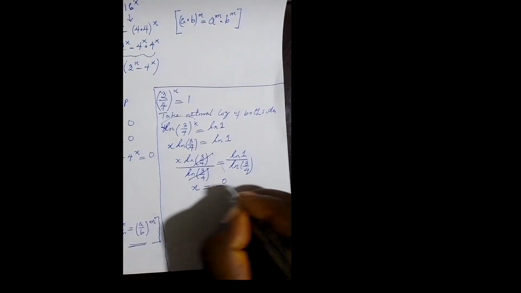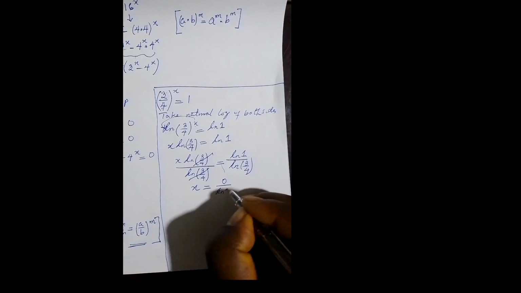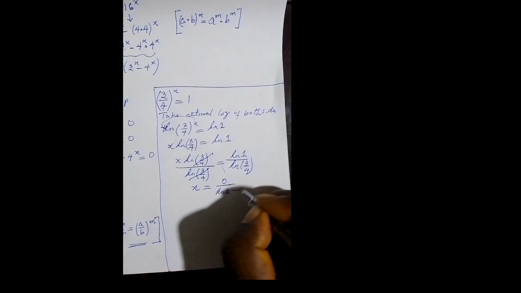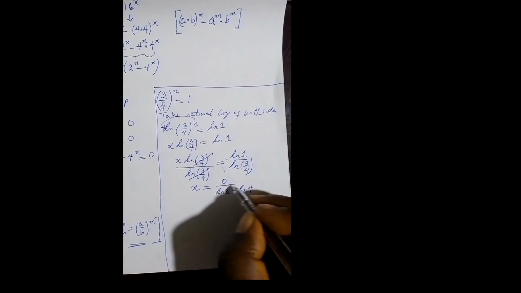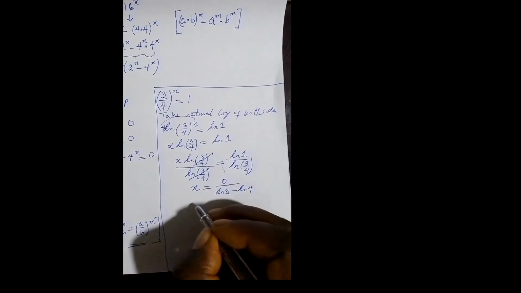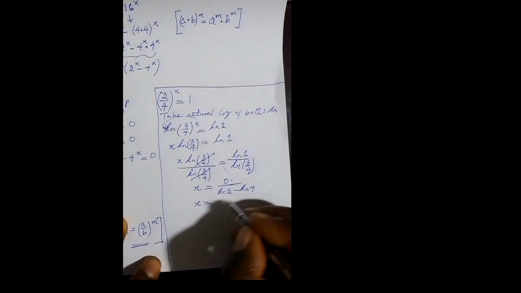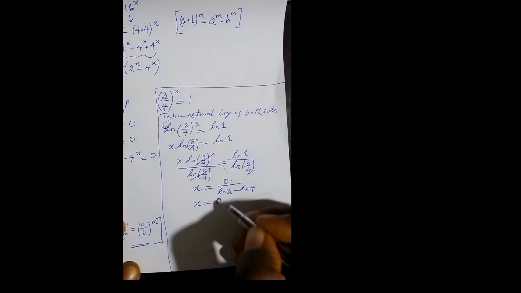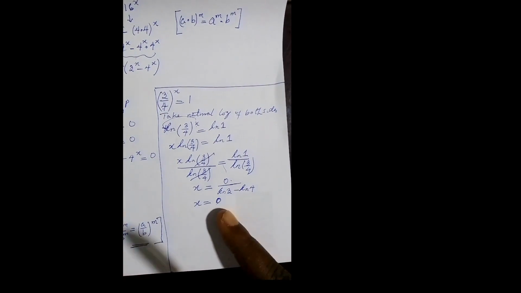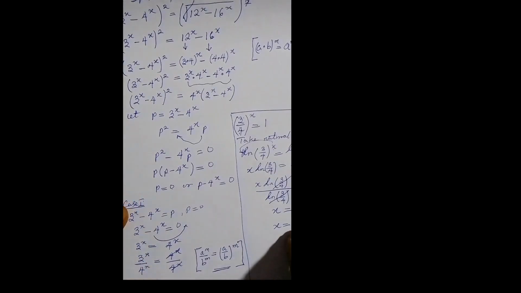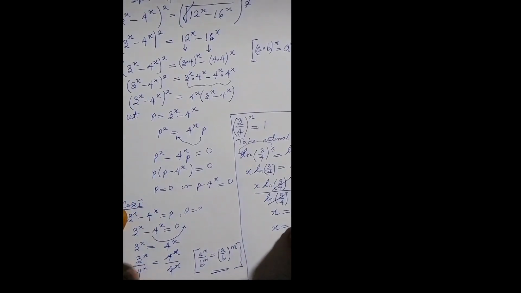So we have 0 over natural log of 3 minus natural log of 4. Once the numerator is 0, the answer is 0 already, because when you divide 0 by any number, the answer is 0. So we have x equal to 0 in this case. That's for case 1.